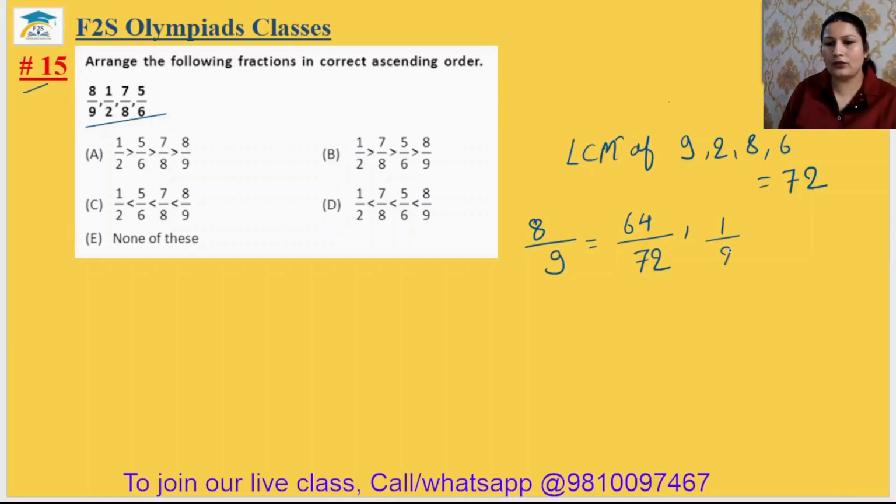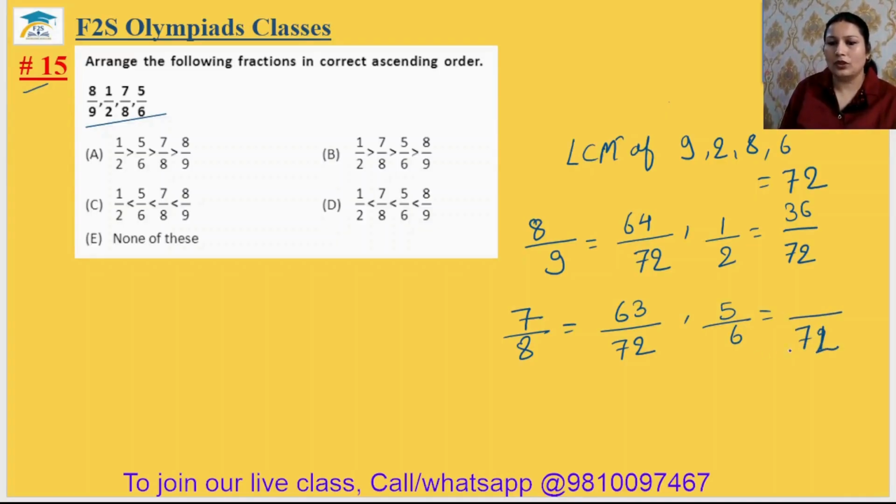Now 1 by 2 equal to ?/72: 2 36s are 72, so 36. Now 7 by 8: the denominator is 72, 8 9s are 72, 9 7s are 63. 5 by 6 equal to ?/72: 6 12s are 72, so 5 12s are 60.